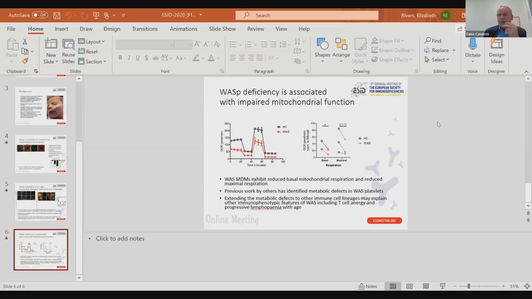At least if you put them in culture with effector cells, the inhibition of proliferation will be lower in Wiskott cells compared to controls. Absolutely. I would agree. I don't think that we have data showing that the Treg numbers are reduced in our cohort of Wiskott patients, but I wonder about the function.